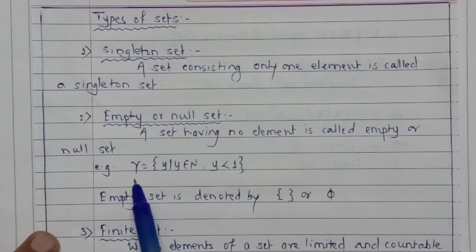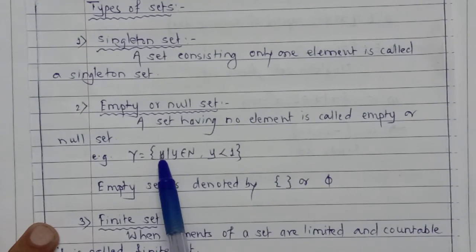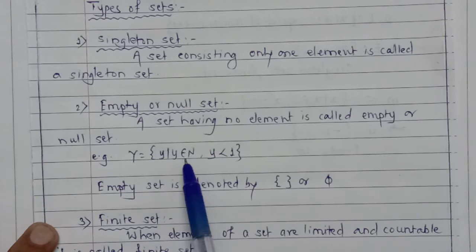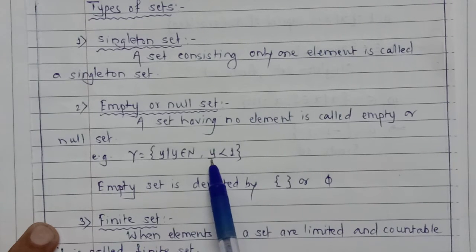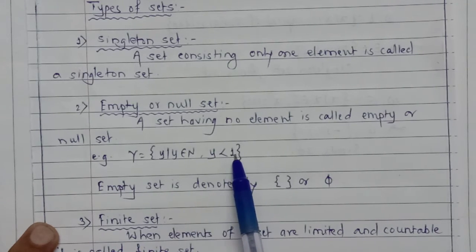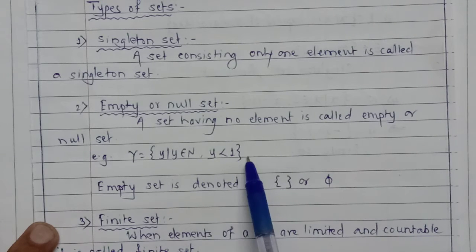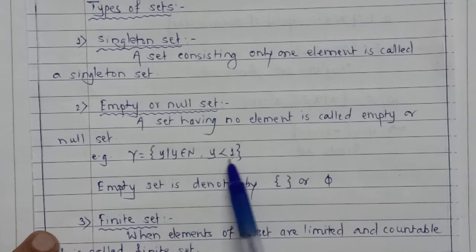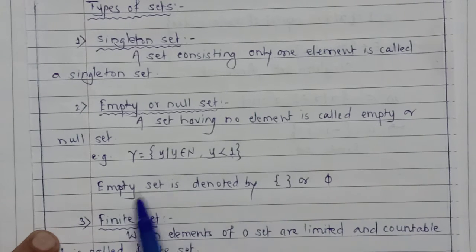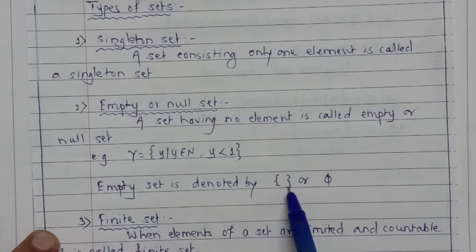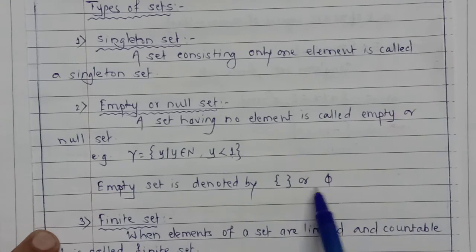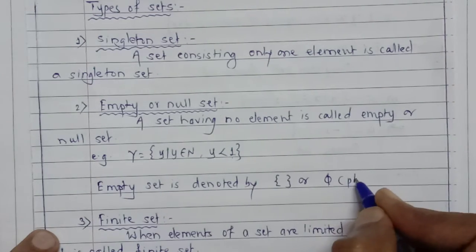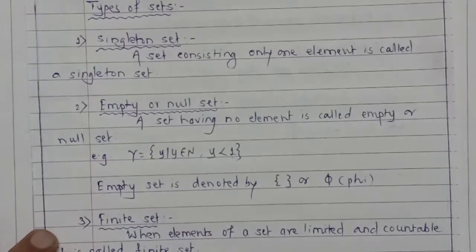For example, suppose y is a set of elements where y belongs to n and y is less than 1. There is no natural number less than 1 because the smallest natural number is 1, meaning this condition does not exist, so it is an empty set and it is denoted by a blank curly bracket or the letter phi. This is a Greek letter, it is called phi.